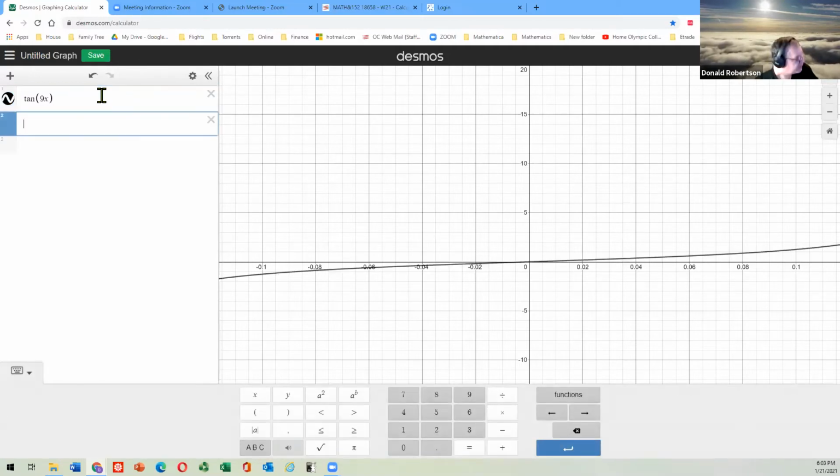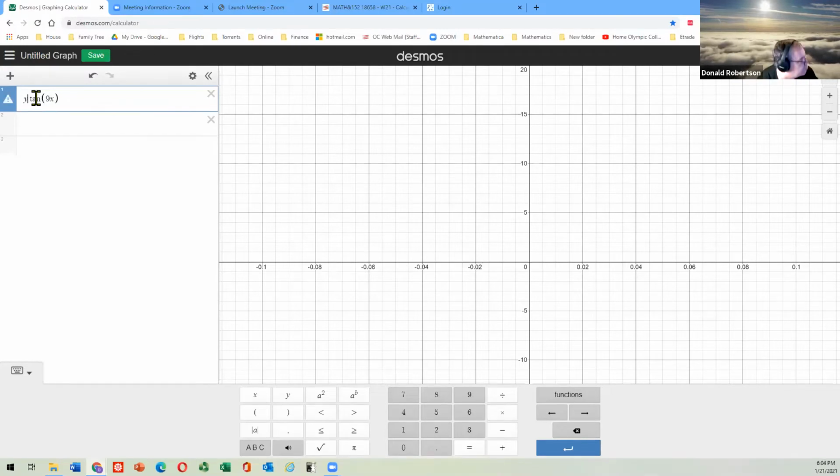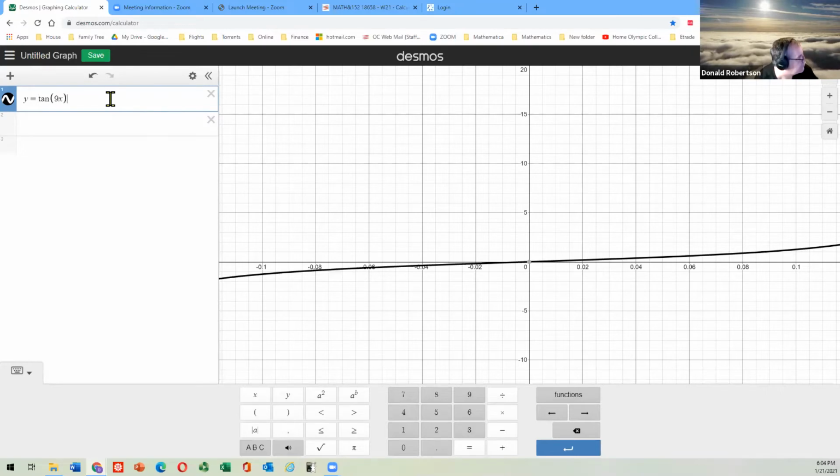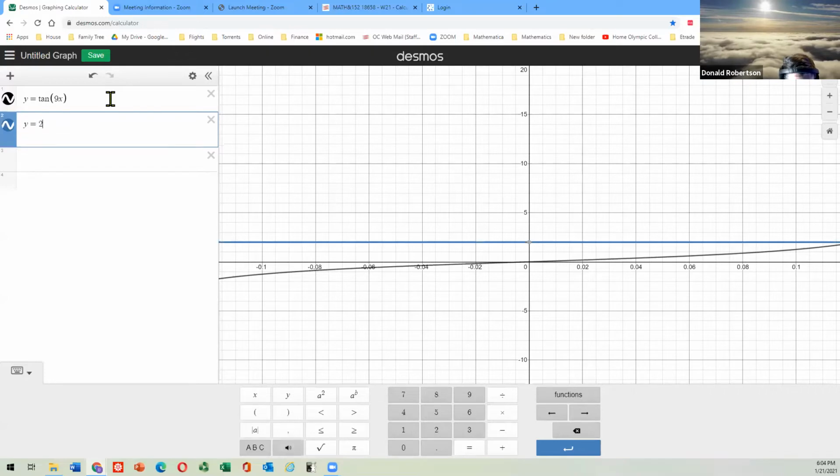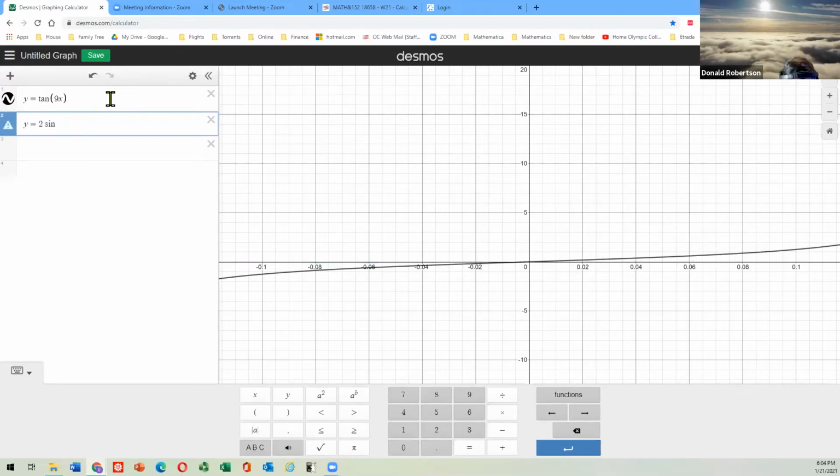And the next guy is going to be, what happened to my y's? Doesn't change the question, it just looks prettier. There we go. And then y equals 2 sine x.